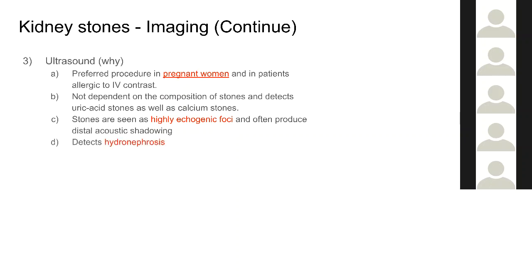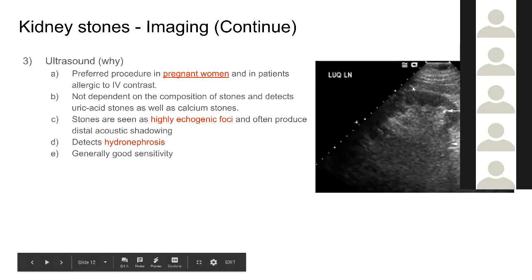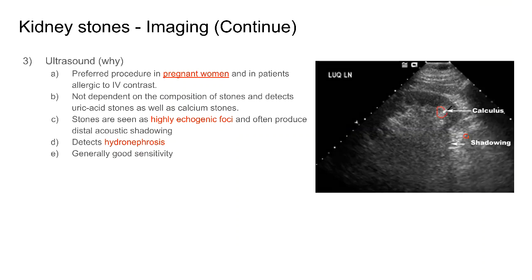And the other advantage is that it can also detect hydronephrosis. Again, you can see the dilation of the renal system, it has pretty good sensitivity, and it's very easy to use. Okay, so this is right here. We can see the stone right here, and there's a shadow behind it, right?